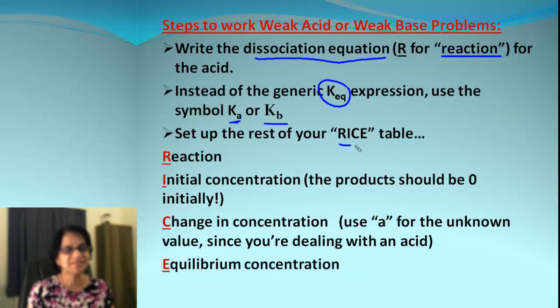And then we set up a table which we call a RICE table. What does RICE stand for? R stands for reaction, I stands for initial concentration, C is change in concentration, and E is ending or equilibrium concentration.